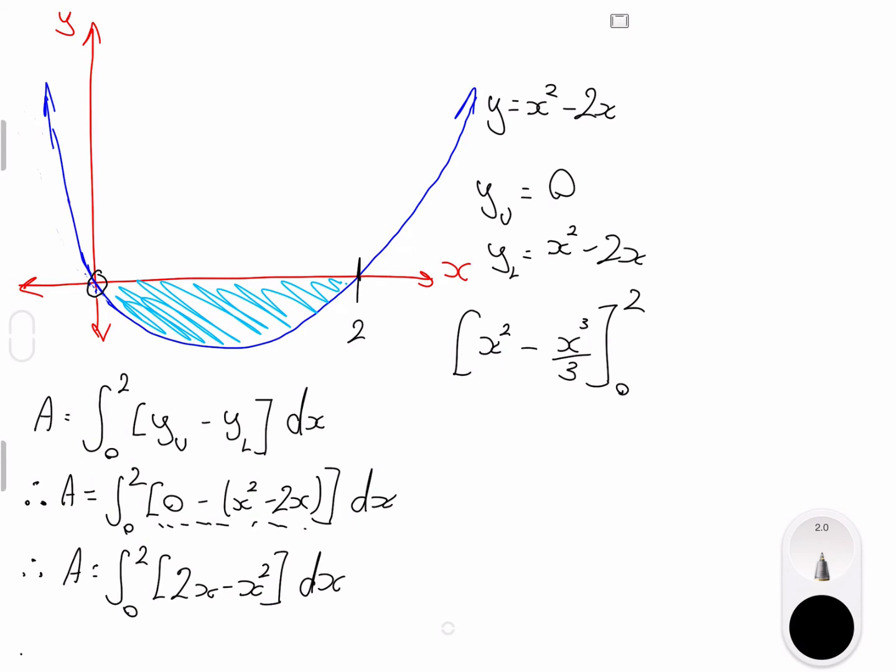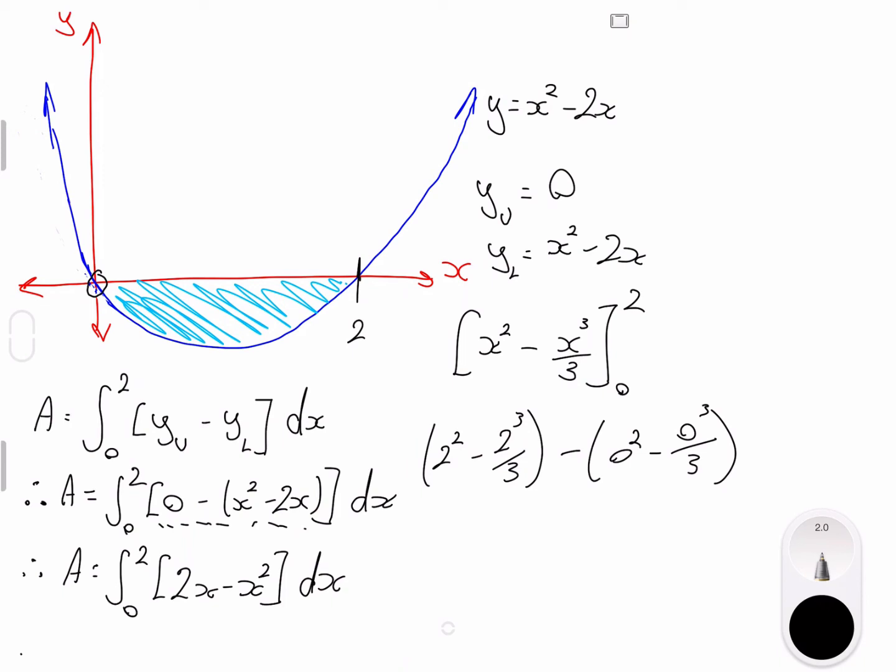So, we're going to have 2 squared take 2 to the power of 3 over 3, take 0 squared take 0 to the power of 3 over 3.